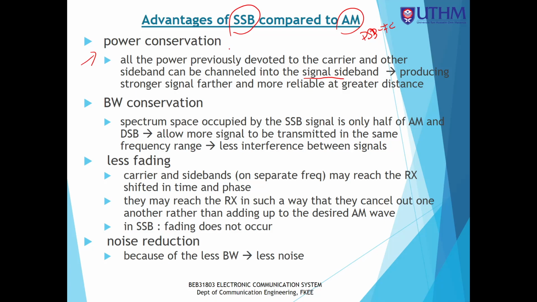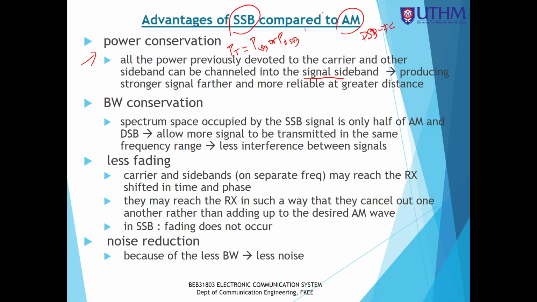So in terms of power, P total is equal to PLSB or PUSB. This is without the carrier component, or with the carrier component you need to add the carrier.